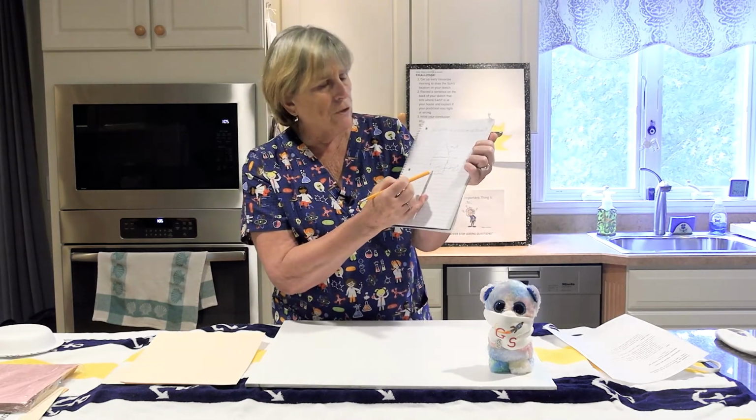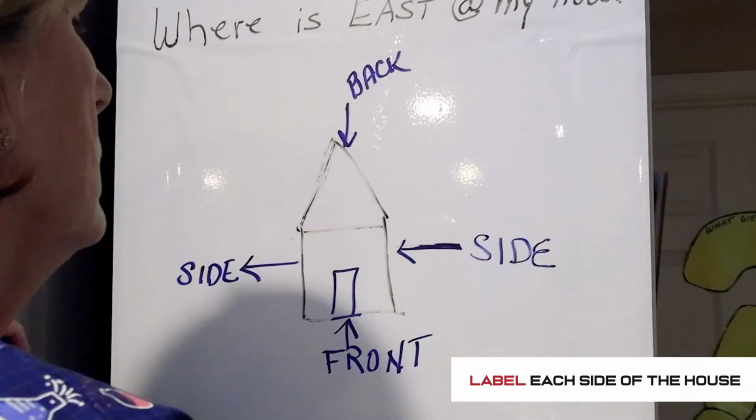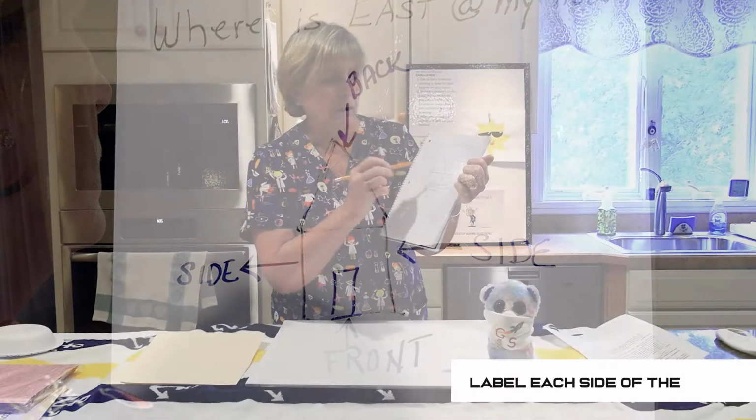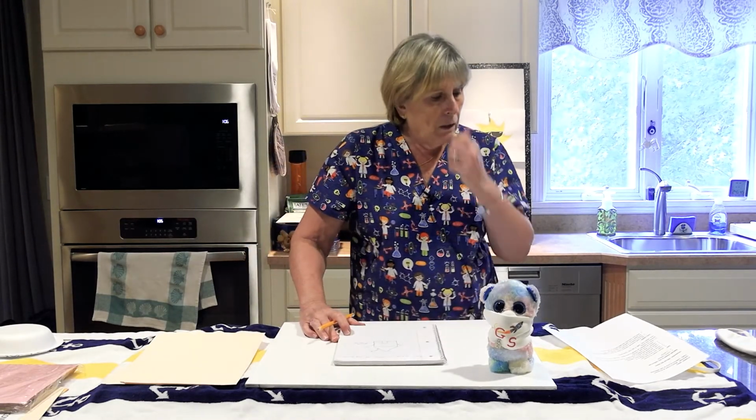If your front door is facing you when you're drawing, if it's a side door, all you need to do is add the words front door to that arrow. Or if it's in the back, front door to that arrow. Same thing on the other side.